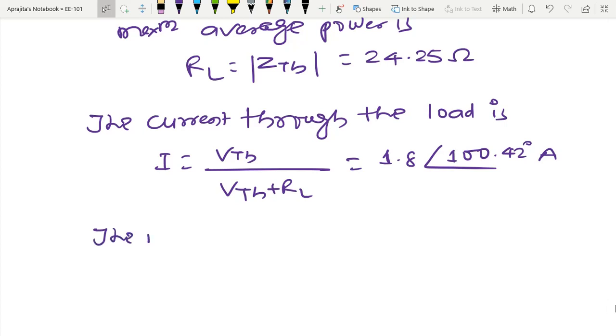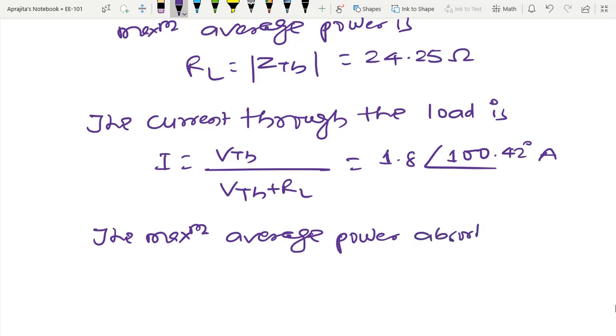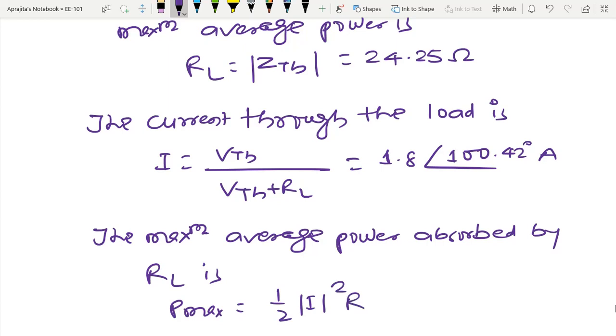The maximum average power absorbed by RL is P max equal to half the magnitude of I square into RL, and if you perform the calculation, then you are going to get this much of watt.